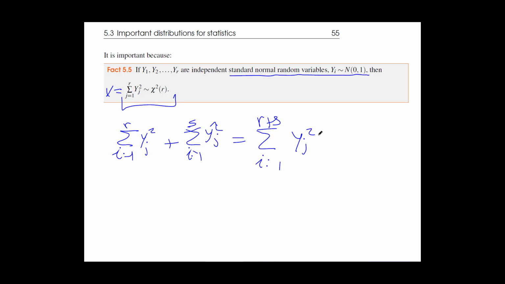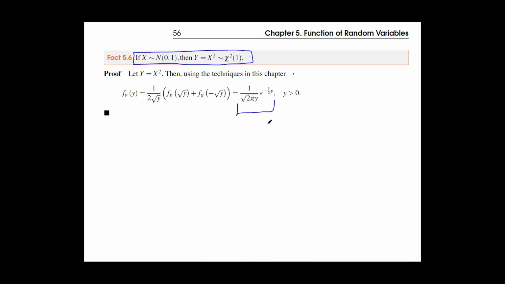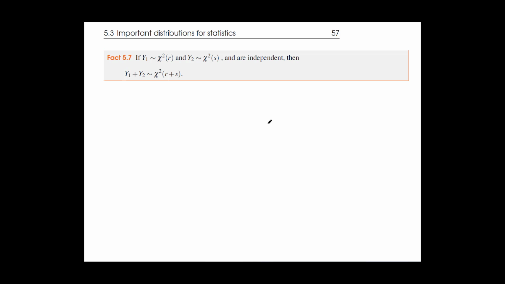And that is going to be the chi-square with R plus S degrees of freedom by definition. It's a very simple proof. Okay?